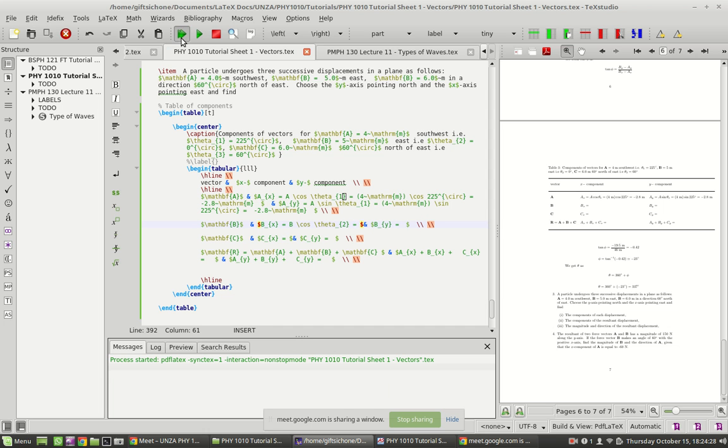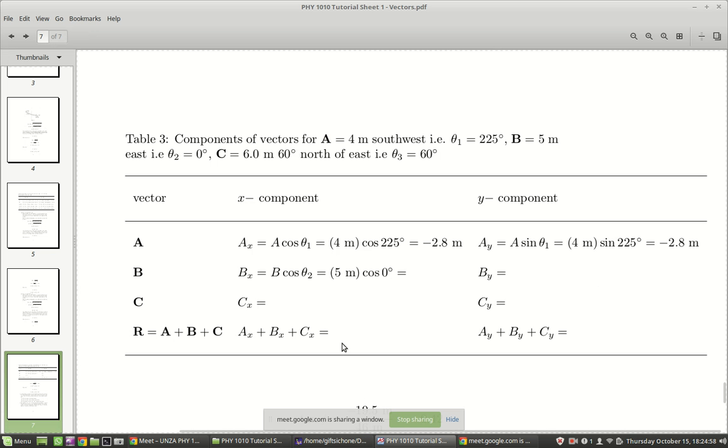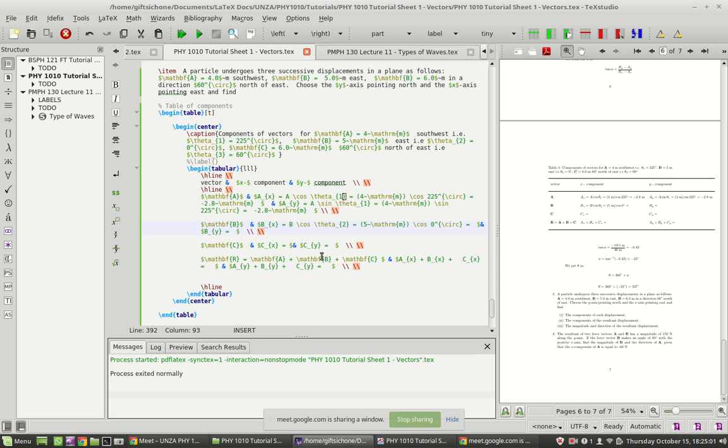What is the magnitude of B? 5 meters. And the angle is how much? 0. So 5 meters times cos 0 is how much? 5.